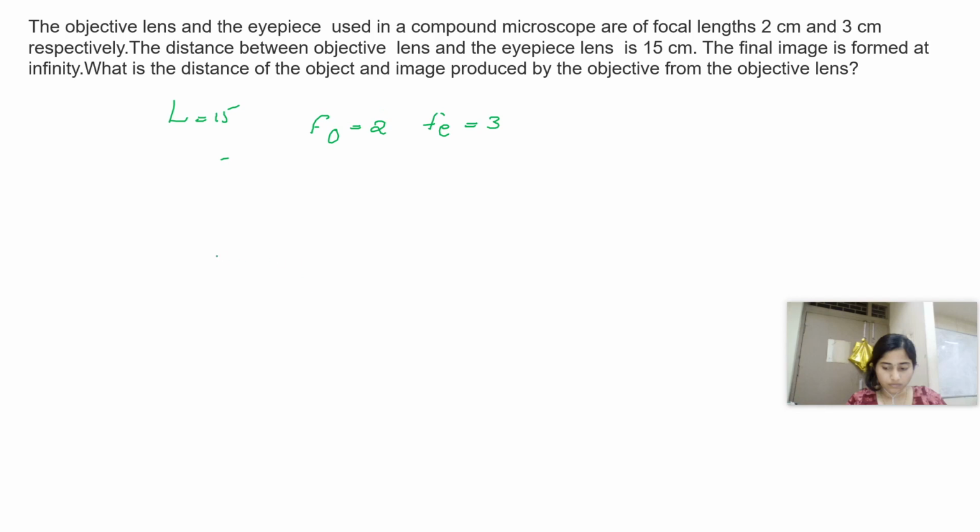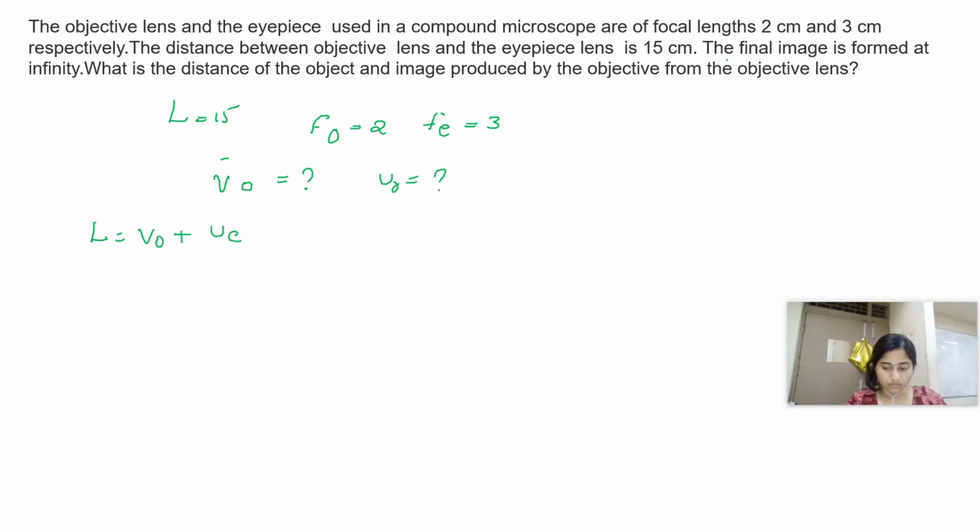Now you have to find the distance of the object and image produced. So VO you have to calculate, UO you have to calculate. Here the L value is given, so L will be VO plus UE, right?